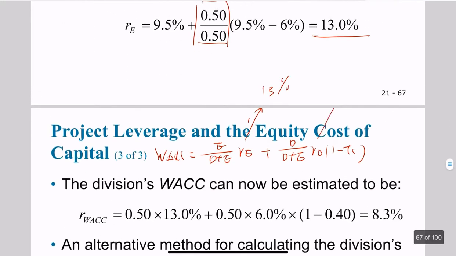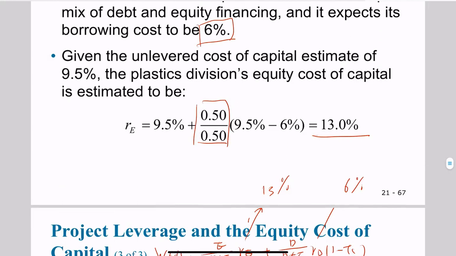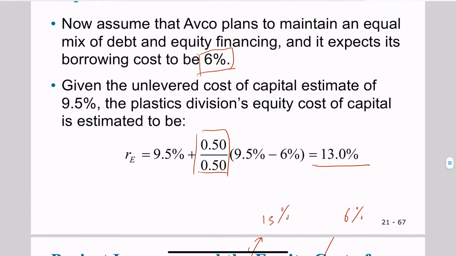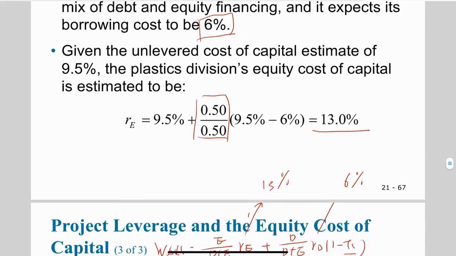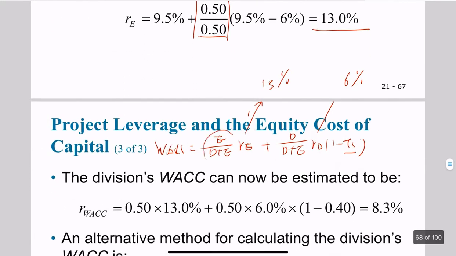And RD is 6%. And the tax rate should be 40%. And we know that the firm will maintain a debt equity ratio of 1, which means this weight should be 0.5 and this weight should be 0.5. So this gives us a calculation of 8.3% for WACC.